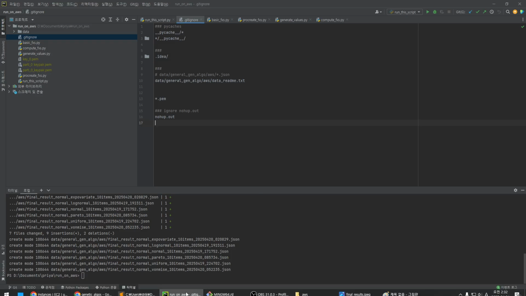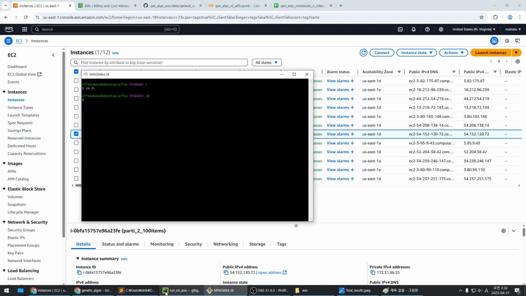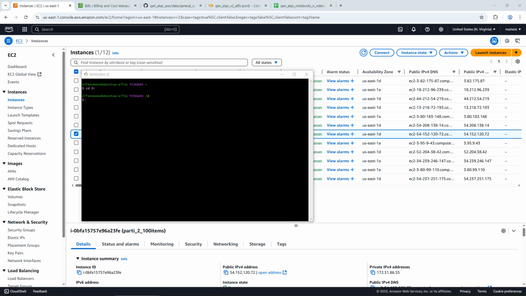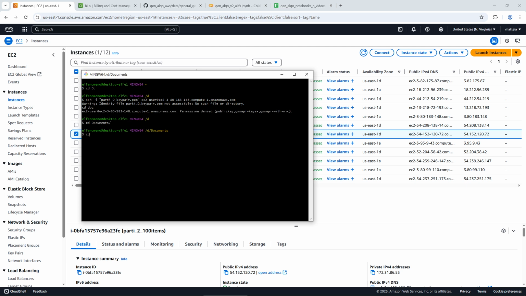Let me show you this one. This is from the second partition.